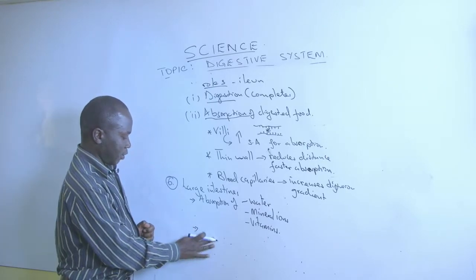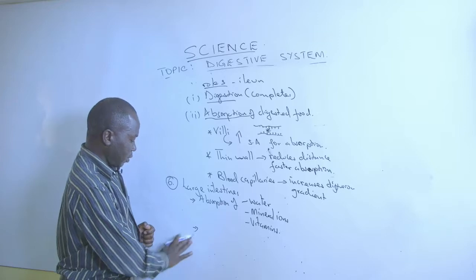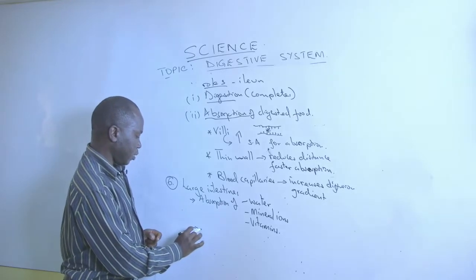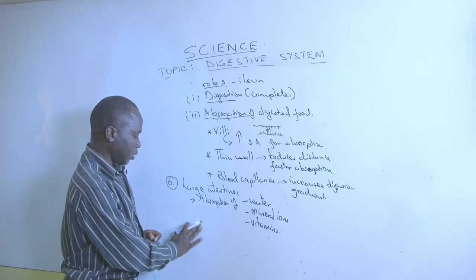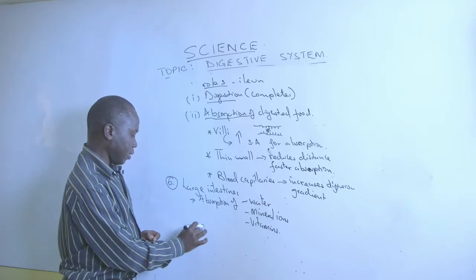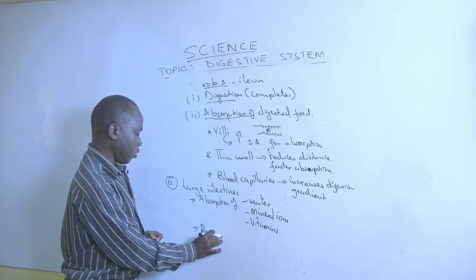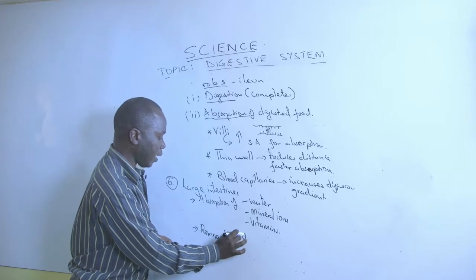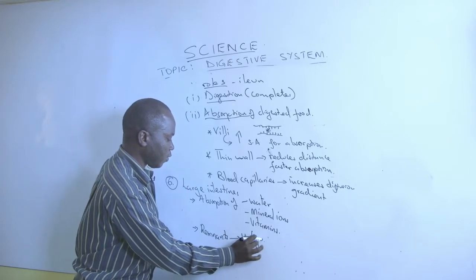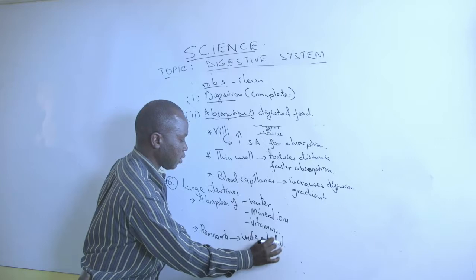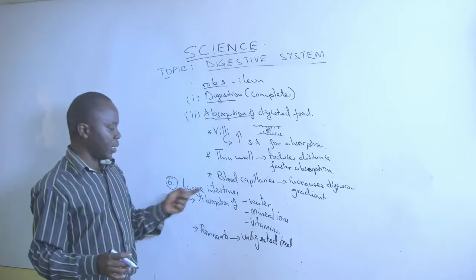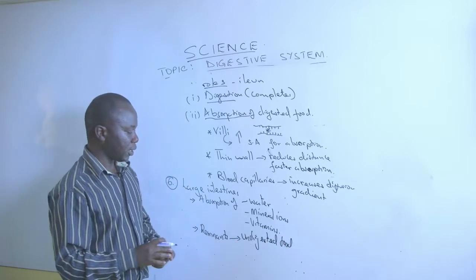And then after that, we are going to have some materials remaining. Remnants of materials include undigested food. Some materials will remain in the large intestines as undigested.